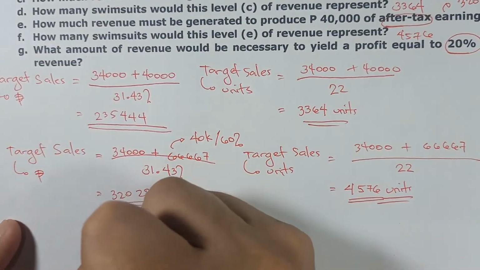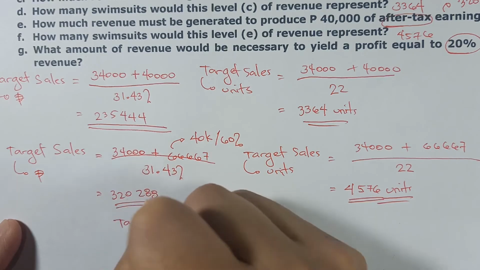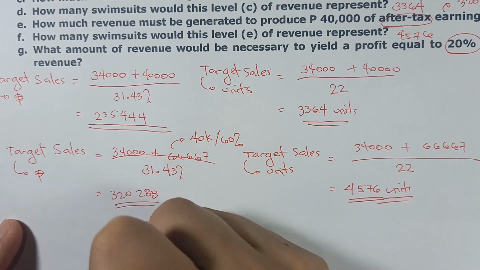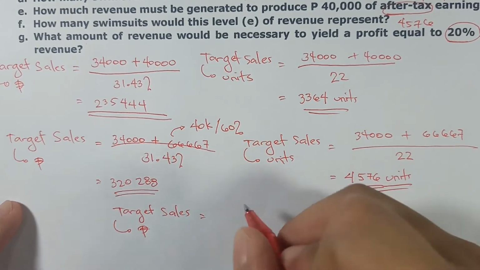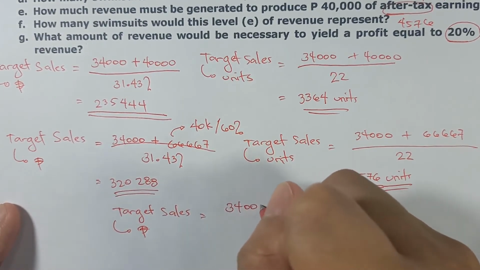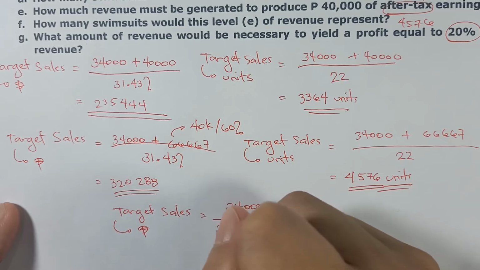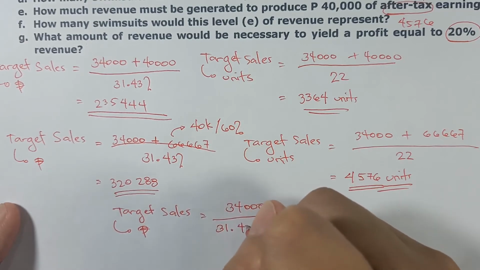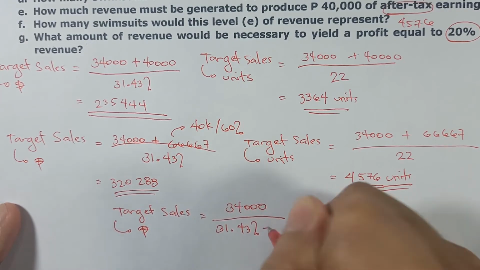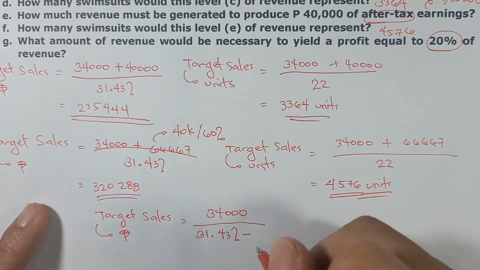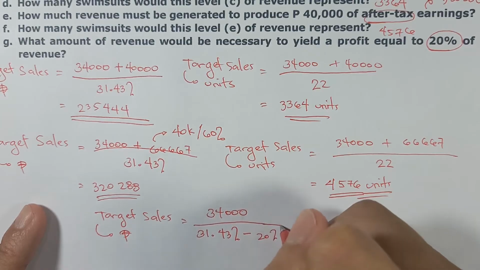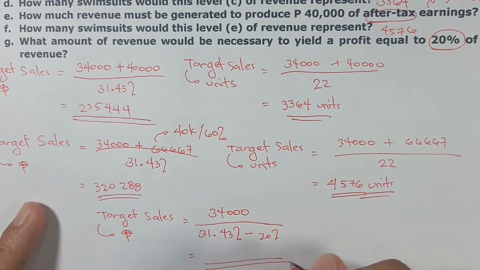Target sales in peso amount is equal to the fixed cost, 34,000, divided by the contribution margin ratio of 31.43% minus the profit ratio of 20%. Right?